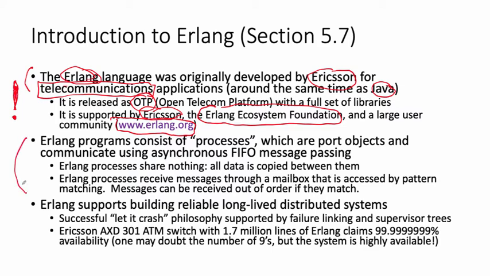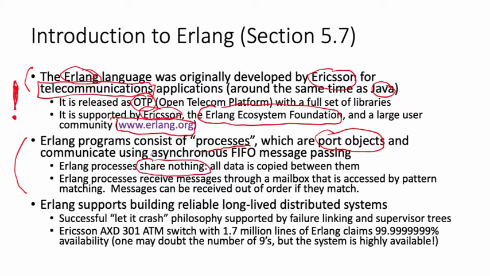Erlang programs consist of what they call processes. But a process is exactly a port object, as we saw. Remember the port objects: they have an internal thread, they run, and you're reading messages and executing them. They're slightly different. There are two differences. First of all, there is no sharing.